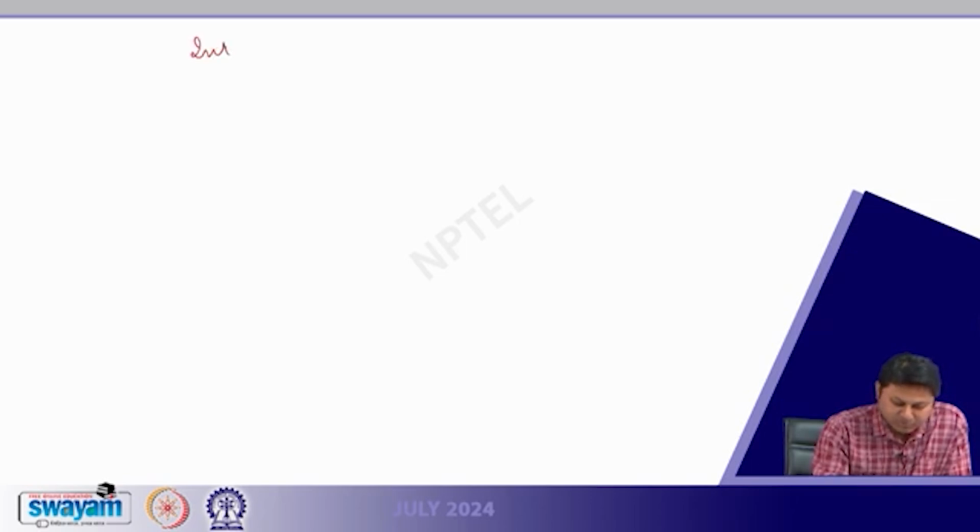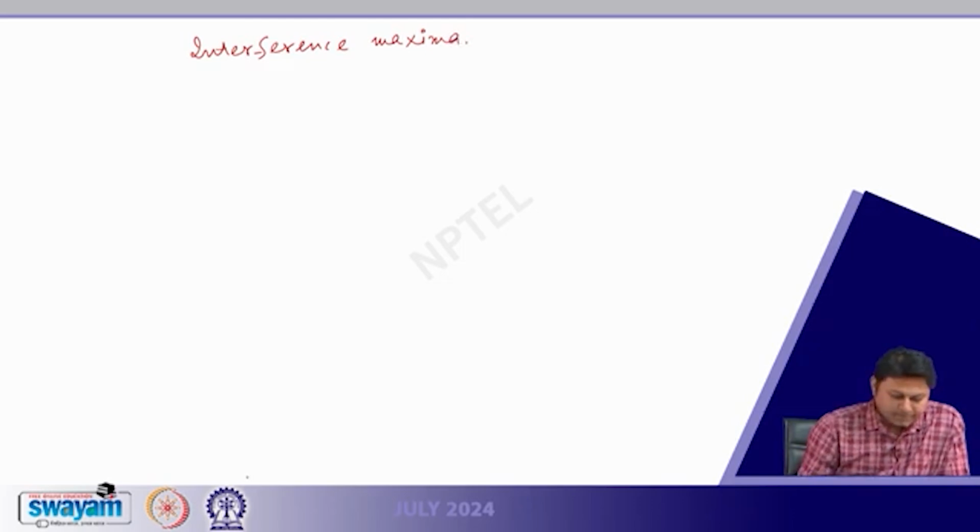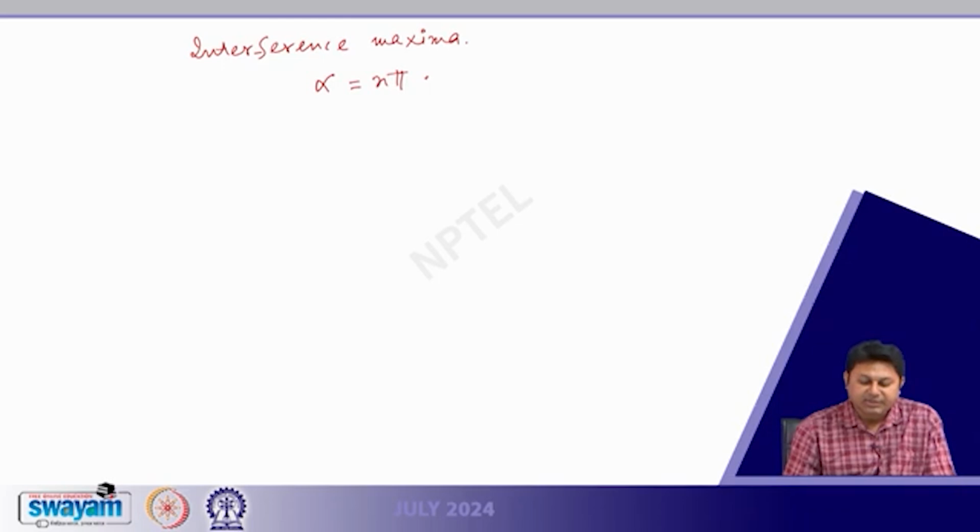Interference maxima will occur when cos alpha has the maximum value, that is, alpha equals n pi, the condition where cos square alpha has its maximum value.